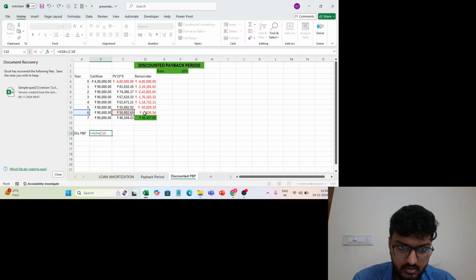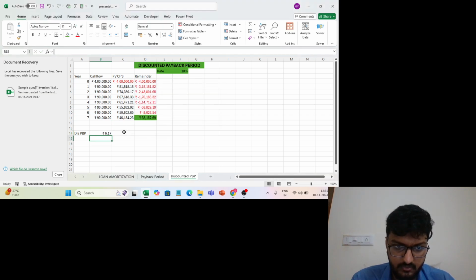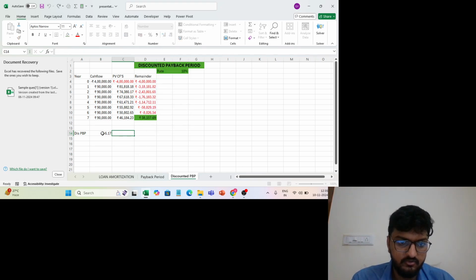You would take the negative value for this, divide it with the next cash flow. So we're getting this in terms of currency. Let's change it to number. So this 7.17, let me just take it as 6.17, sorry, beg your pardon. So 6.17 is our discounted payback period.